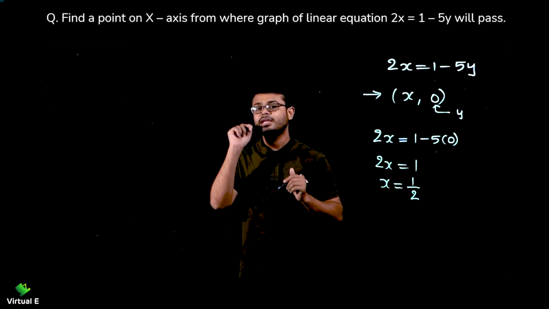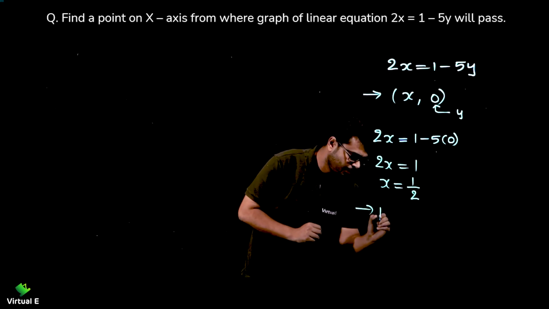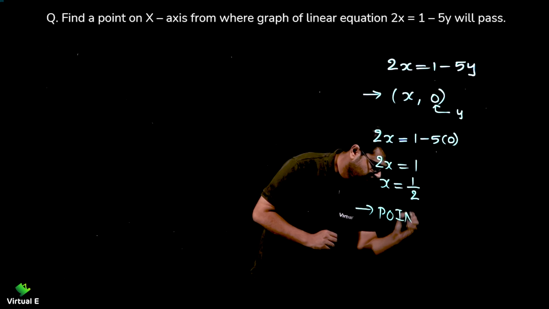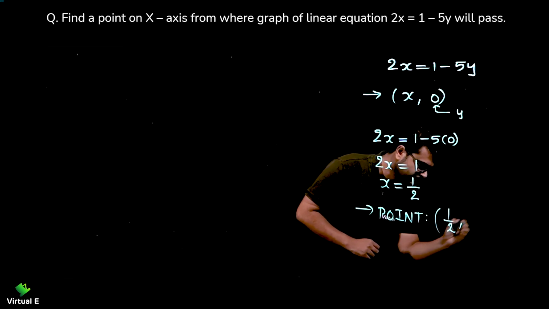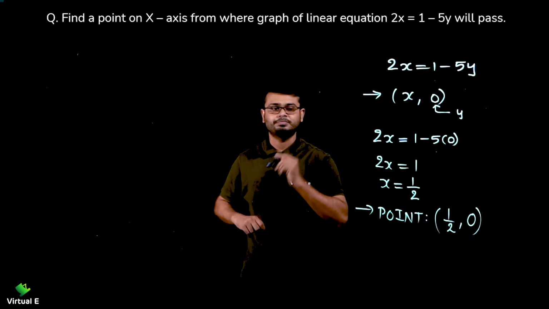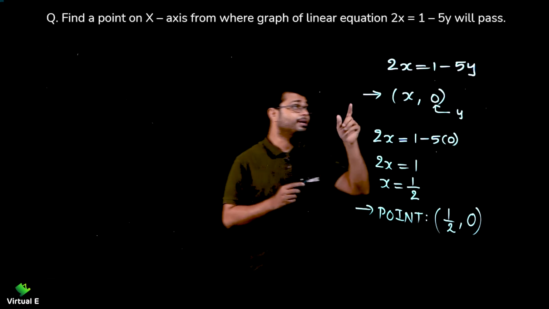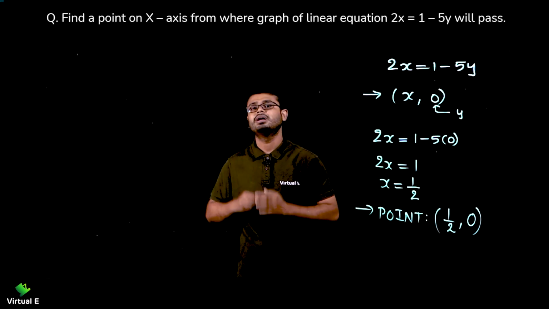But we want the point. Remember, this is the coordinate. So the point will be (1/2, 0). The y-coordinate will be 0, right? So this line will pass on the x-axis through this point (1/2, 0).